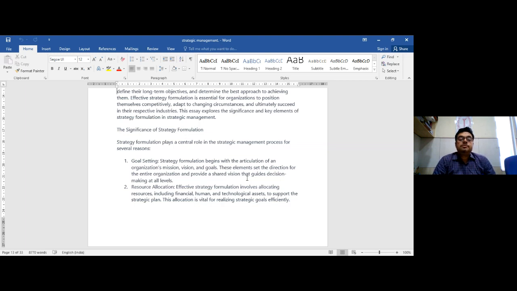So the basic level of goal strategy and then the resource allocation part.